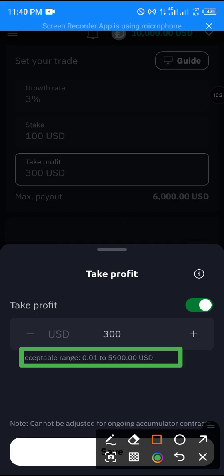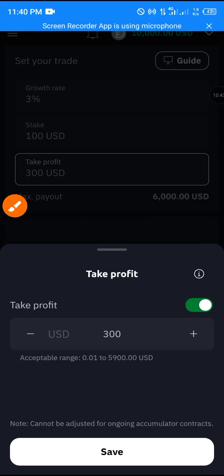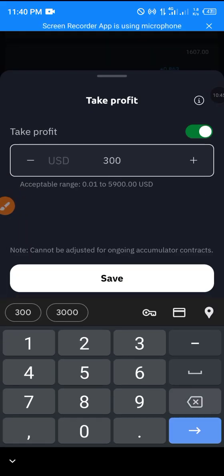So I would advise new traders, people who are really interested in making money, to put their take profit at a kind of 10, because you're not greedy. Let me go with 10.